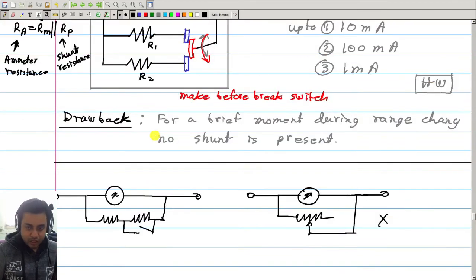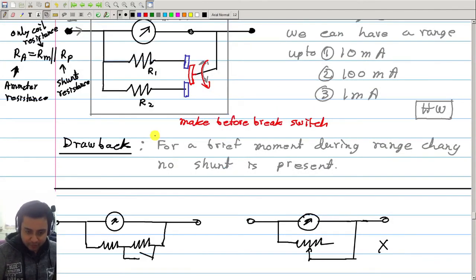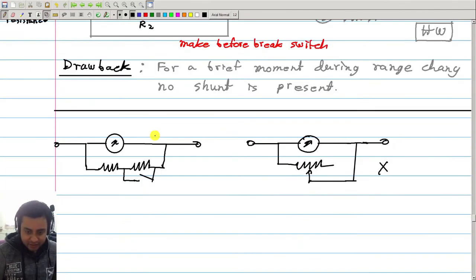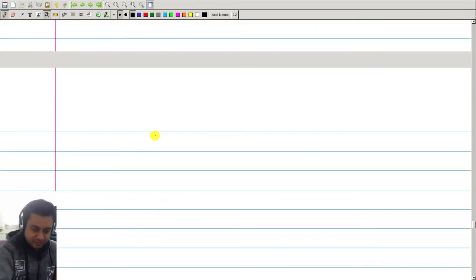Okay, so I was talking about multi-range ammeters. There is another multi-range arrangement commonly used, which is like this.